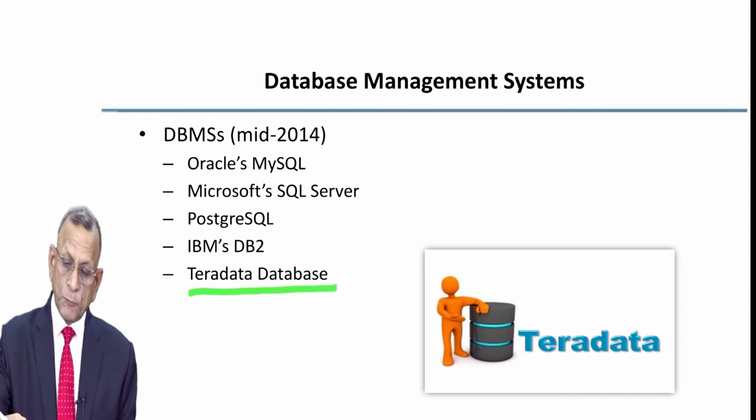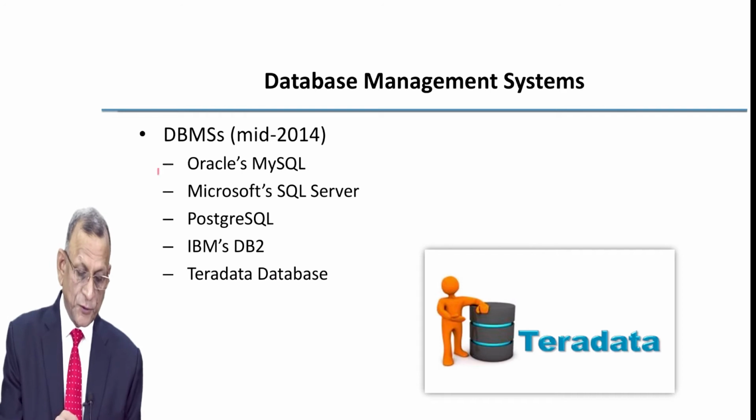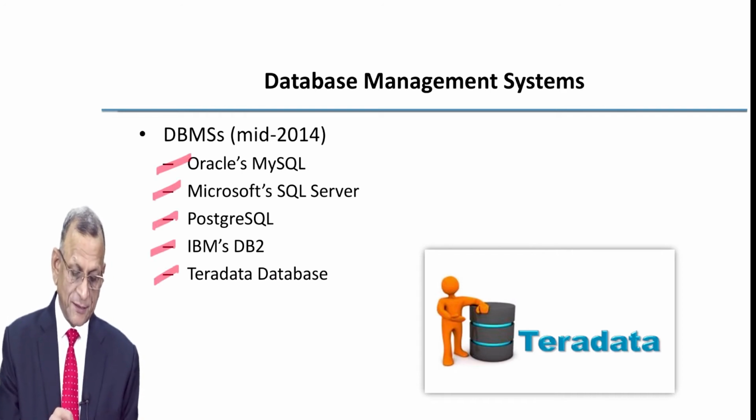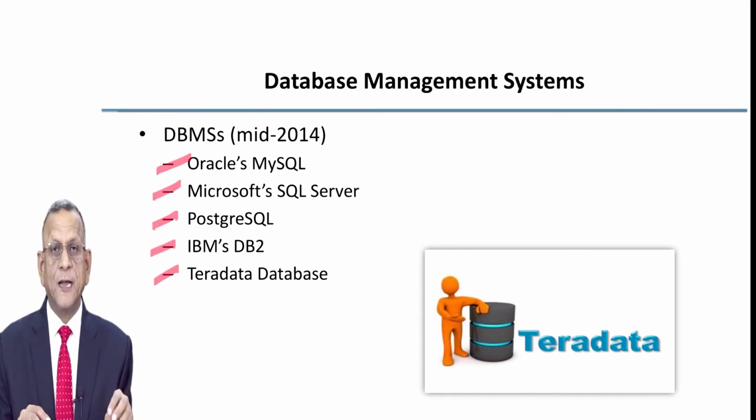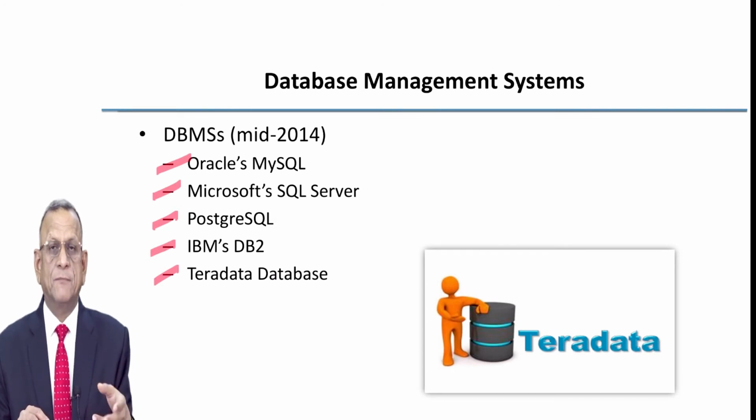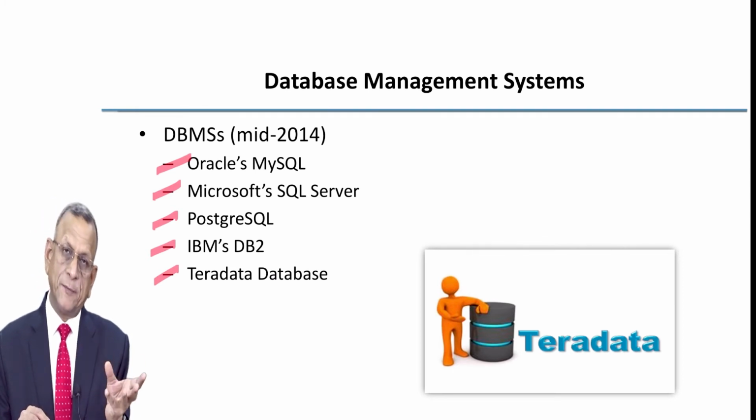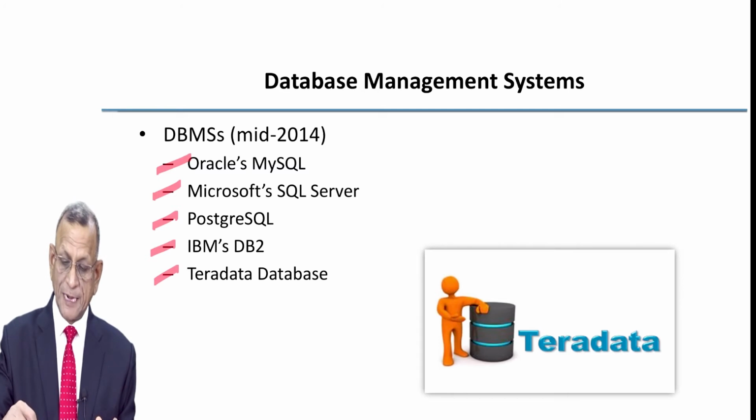These are a few popular databases. They are being used to manage databases. This is something known as a database management system. They are software. They run on hardware and such software will manage the database. This is something known as database management systems.